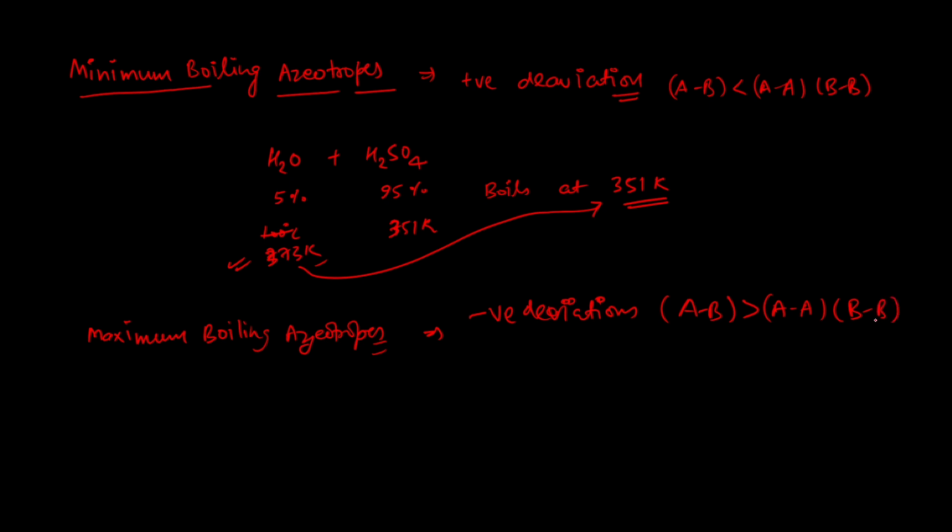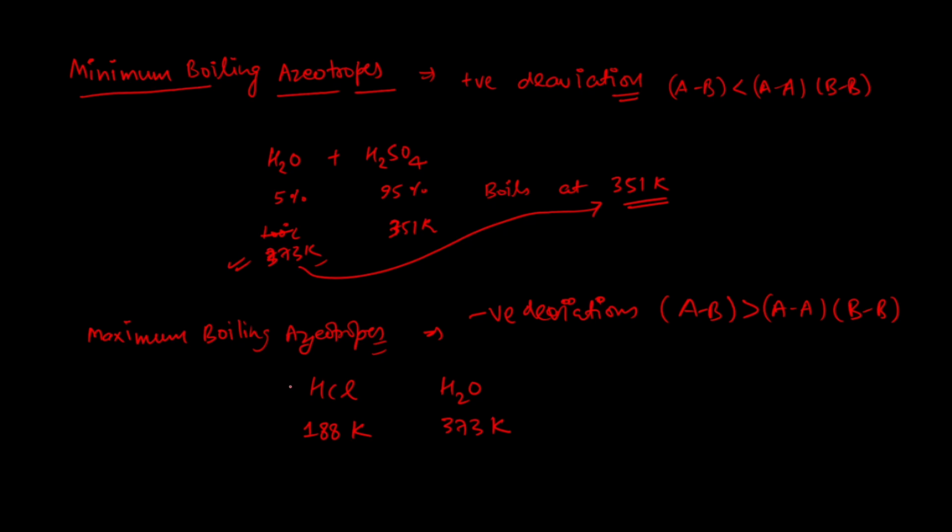I can take one example of HCl and water. We know that water boils at 373 Kelvin, 100 degrees Celsius, and HCl is actually a gas, so its boiling point is 188 Kelvin.